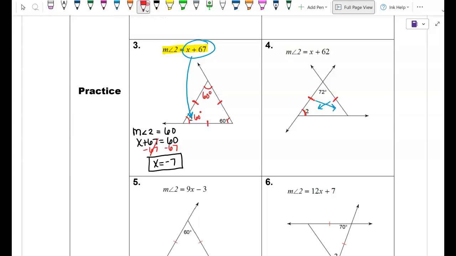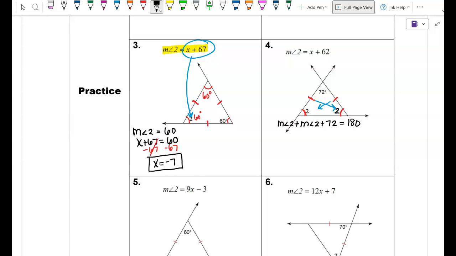So I know this base angle has to be equal to this base angle. Well, if one of the base angles is angle 2, the other base angle is also angle 2.